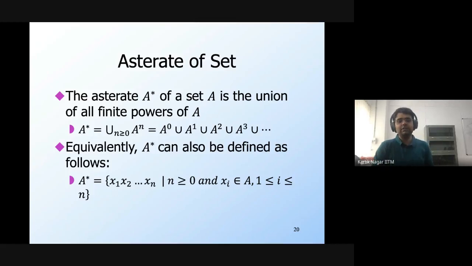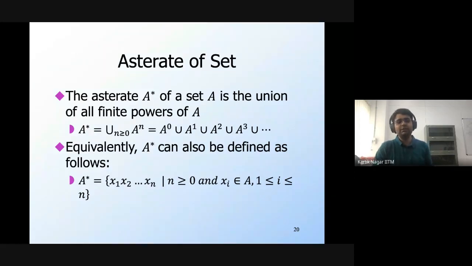So equivalently, we can also define this A star as follows. This is just expanding on the definition. Since in the definition we are computing arbitrary powers of the set A, in essence what we are doing is picking some n number of strings from A and just joining them together, or concatenating them together.